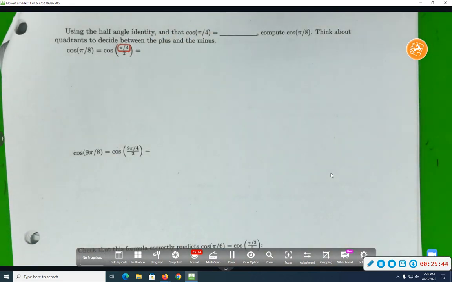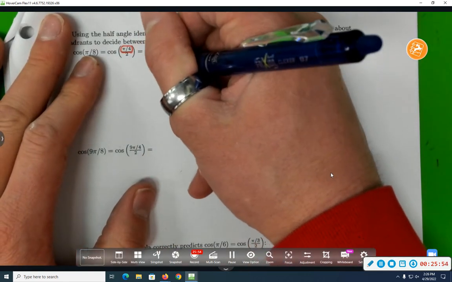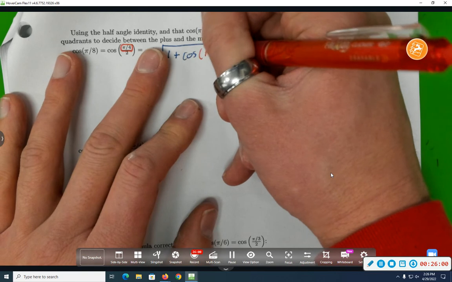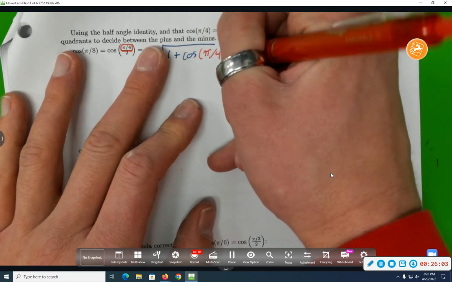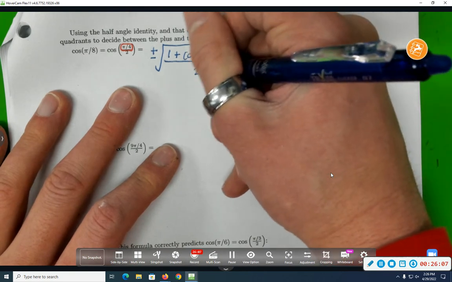Cosine of thing divided by 2 is plus or minus the square root of 1 plus cosine of thing divided by 2. So this will be plus or minus square root of 1 plus cosine pi over 4 all over 2.